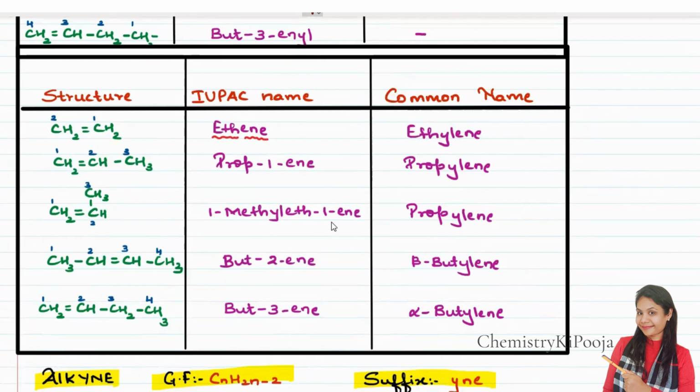Then coming to this one, again there is no branching, so no need to put yl at the end. Over here it will simply be ene, ene and ene. Coming now to the common names for these two structures: yes, for the second last and the last I can write the common name. While writing the common name, students, always remember that instead of the position numbers we use for IUPAC, for the common name we use the Greek letters like alpha, beta, gamma and so on.